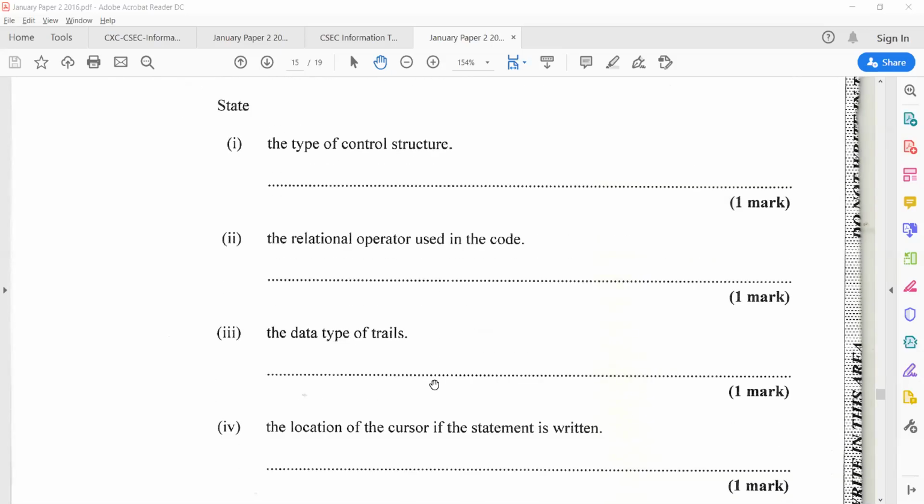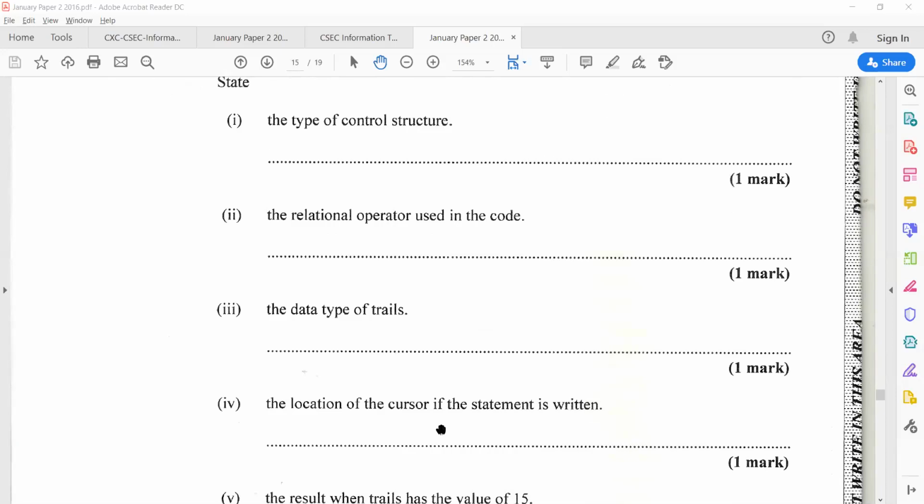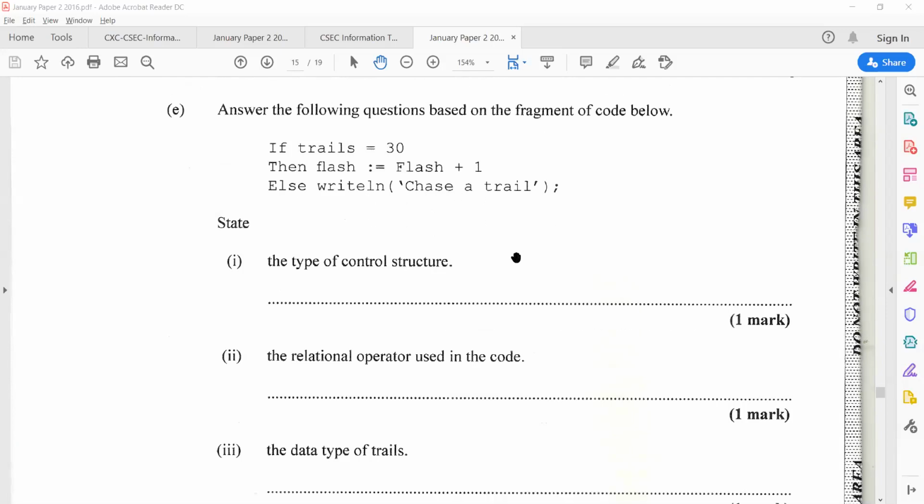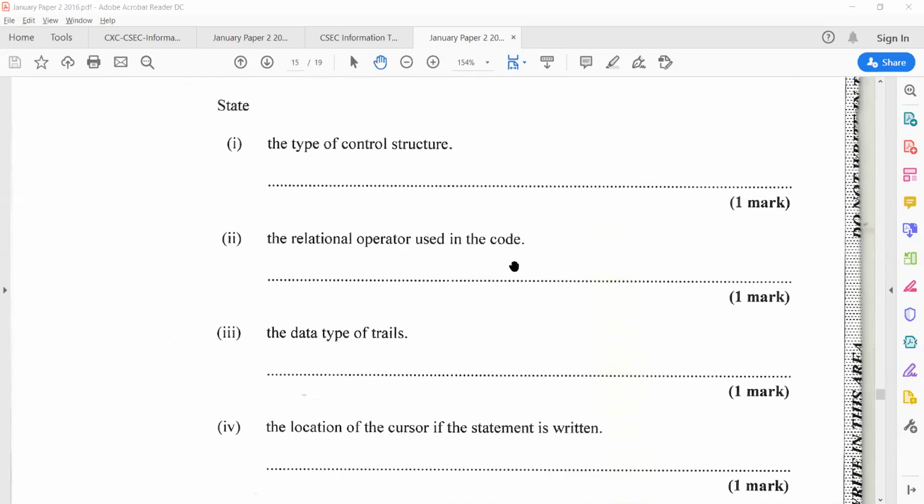What about, oh, this is an interesting question. The location of the cursor if the statement is written. So if we do a write line, chase a trail, where is the cursor placed after that statement is written?